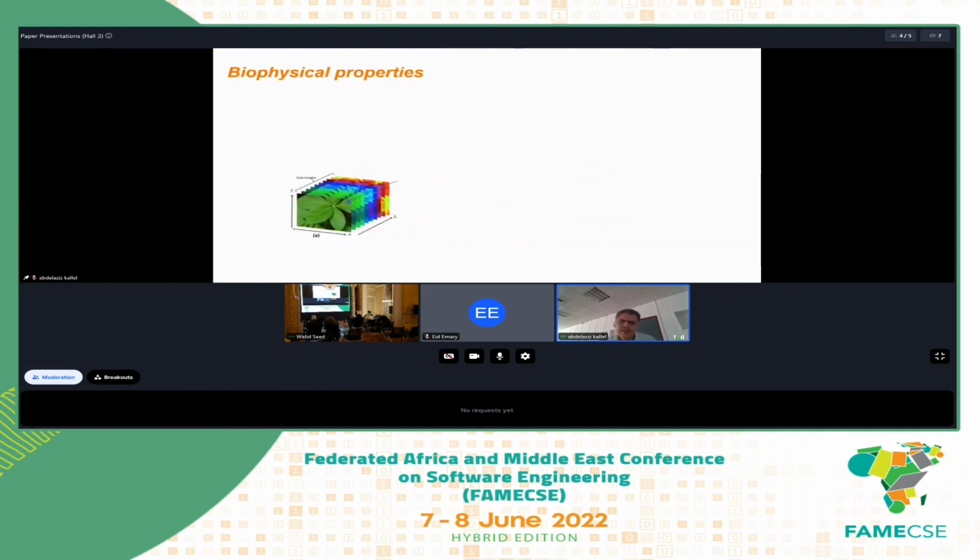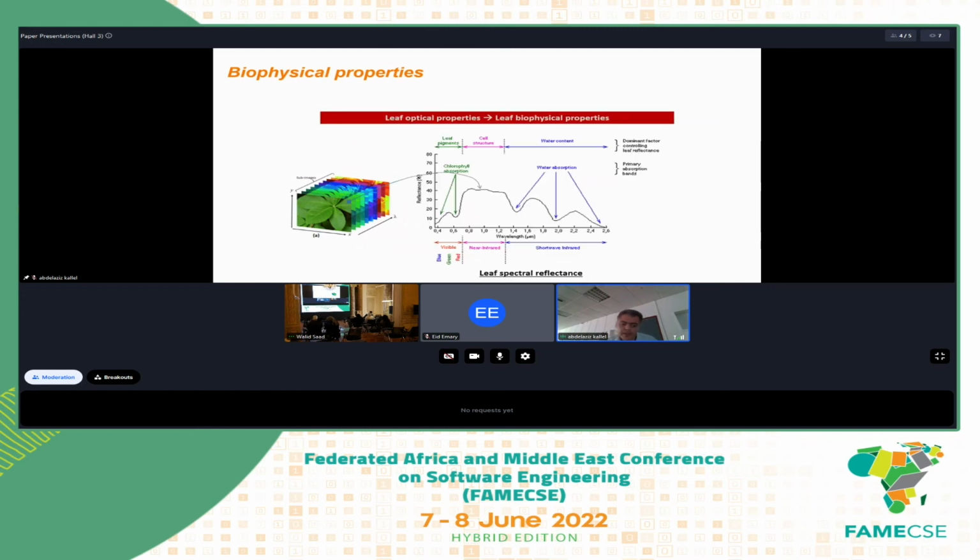But the question is, what is the relationship between the color of the leaf and the biophysical property? As the fungi, for instance, decrease the chlorophyll, how can we detect the chlorophyll? To understand, let us see this image of some leaves in different bands. Here we have many bands in the visible and near infrared.